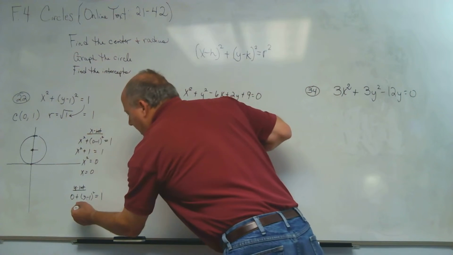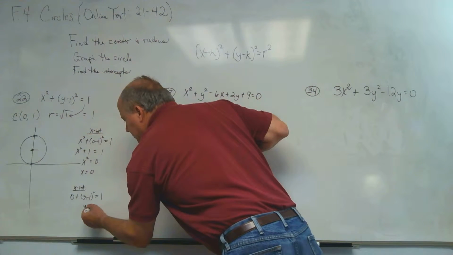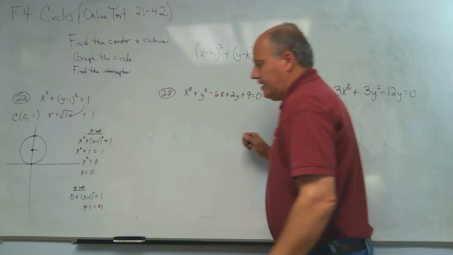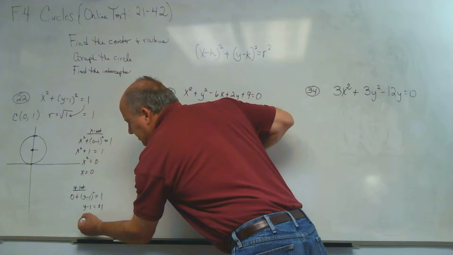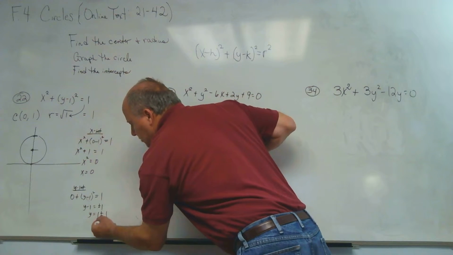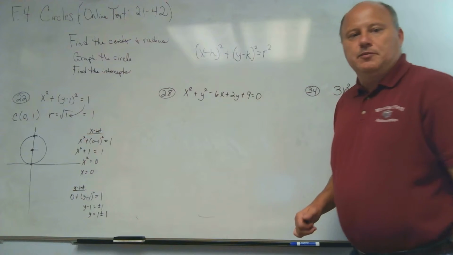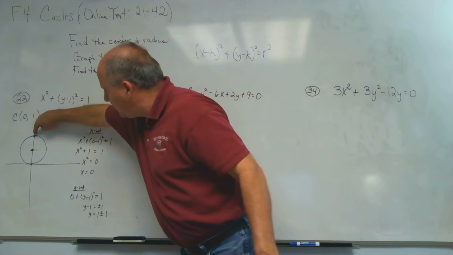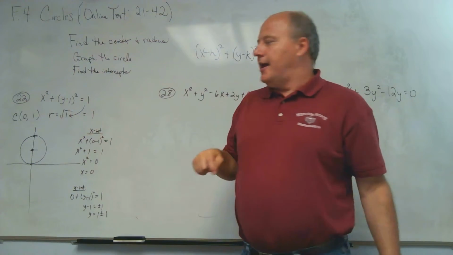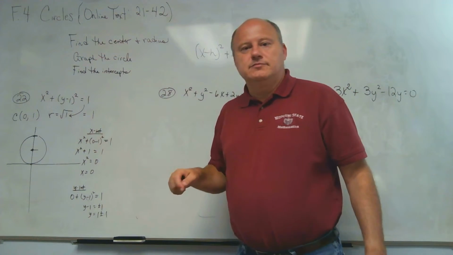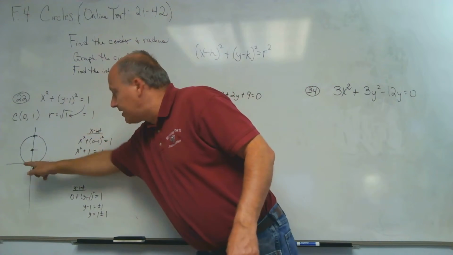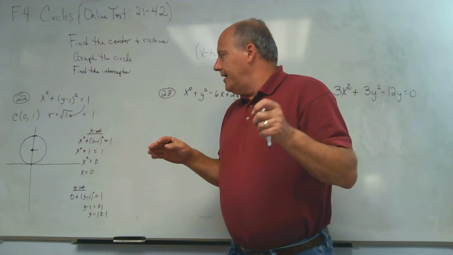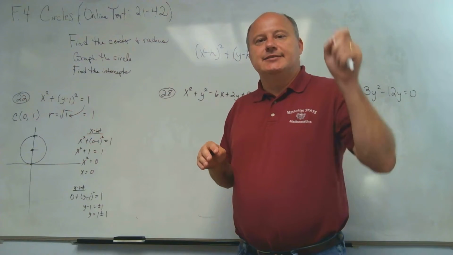So y minus 1 equals the square root of the other side, which is plus or minus the square root of 1, which is 1. And if I add 1 to the other side, I get 1 plus or minus 1. But what's 1 plus 1? Now it's 2. That's where it crosses the y-axis at 2. And what's 1 minus 1? That's 0. And that's why it crosses back at the origin again. So just like the graph indicates, the intercepts are at 0, 0 and 0, 2.